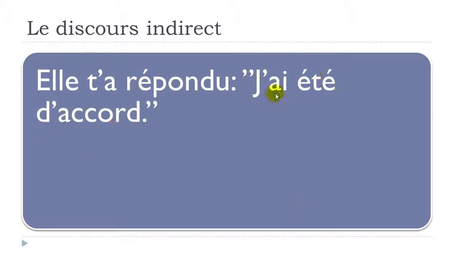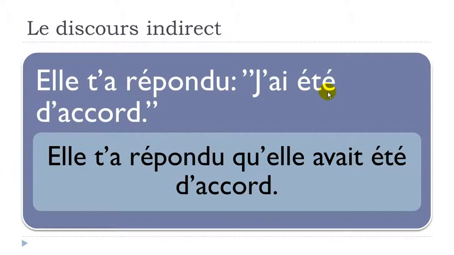J'ai été, this is the passé composé. That's what we'll have to modify and put at the plus-que-parfait, elle avait été. So we get: Elle t'a répondu qu'elle avait été d'accord.